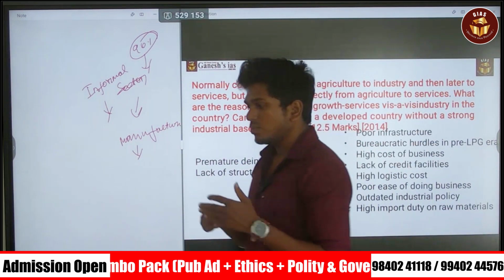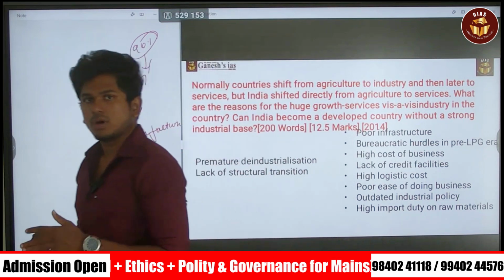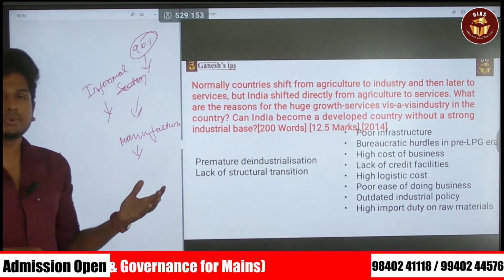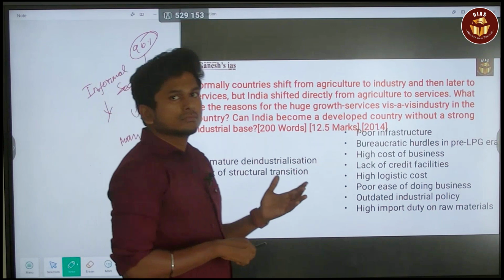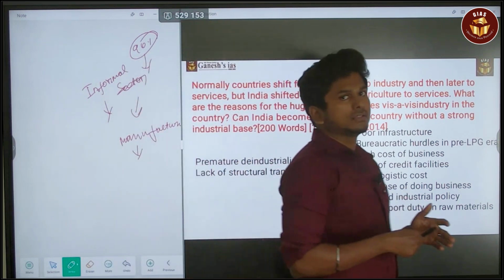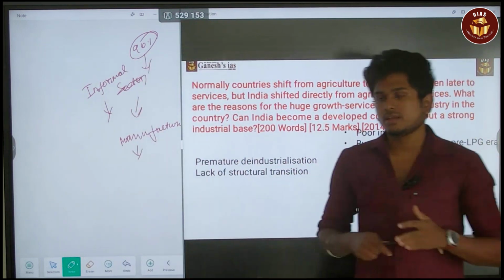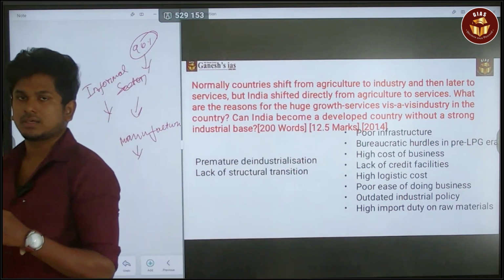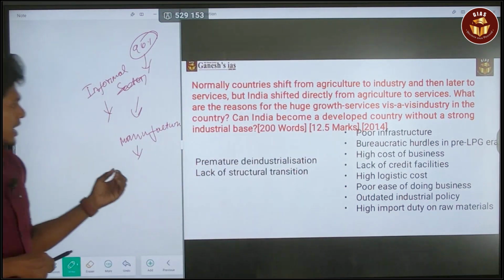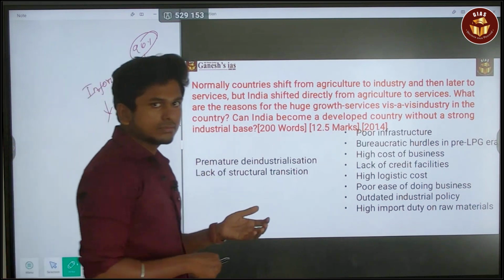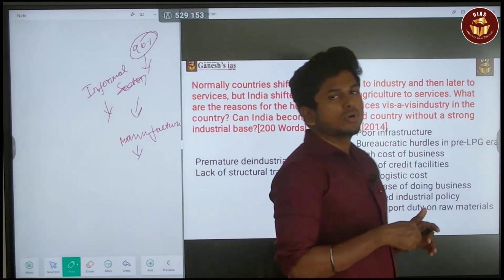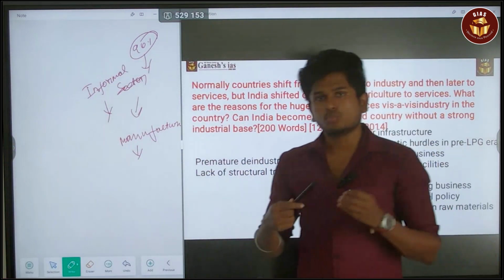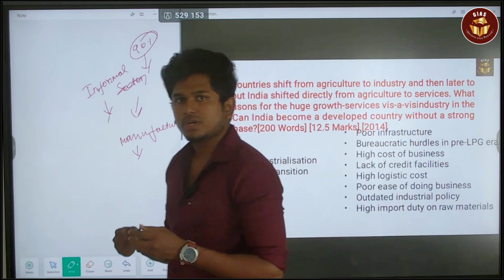If there is a frequent issue of unemployment in that market, how will India become a developed country? The chain will not be connected. So there is a need for the growth of the manufacturing sector. You have to address this question in that way. Afterwards, you have to mention certain things to promote the manufacturing sector. The government is doing this.